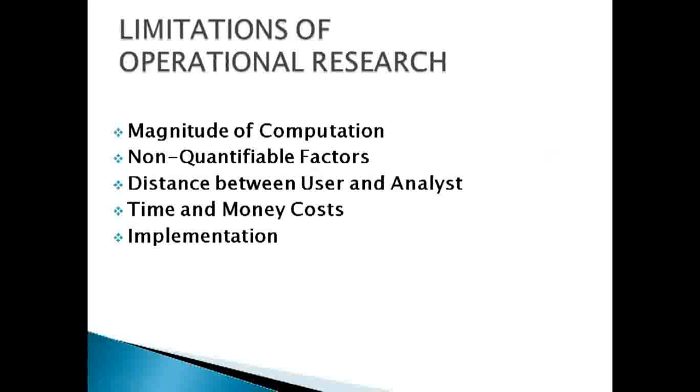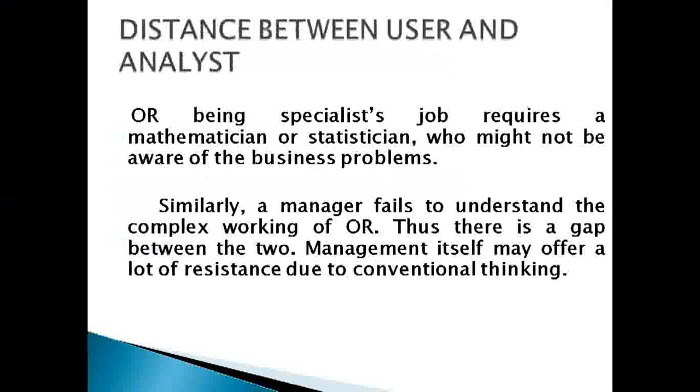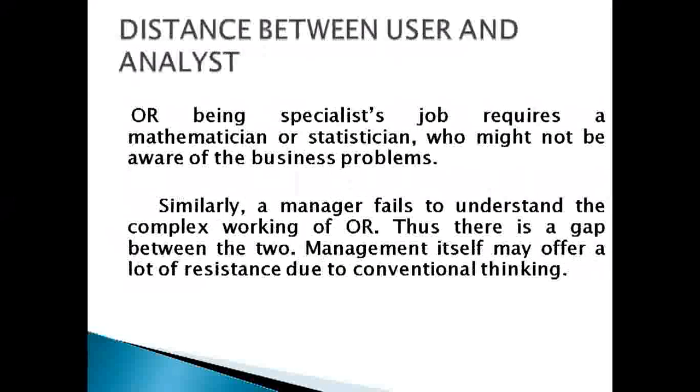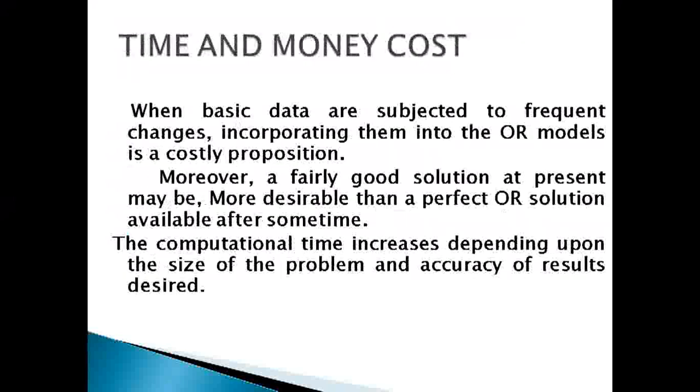Time and money cost need to be analyzed, along with implementation and the operational cost as well. So the distance between the analyst and the user needs to be grasped. The user is the ultimate gainer, as we have just discussed. Next one, time and money cost.